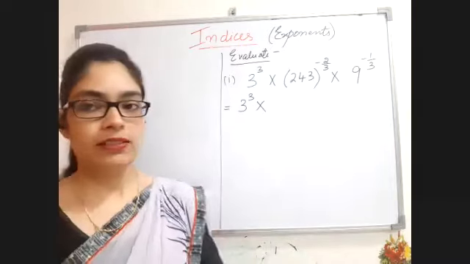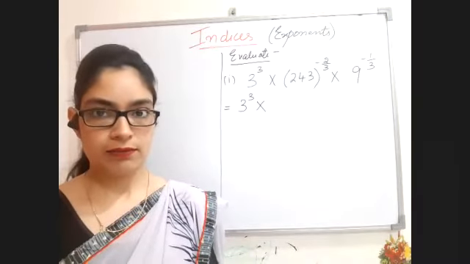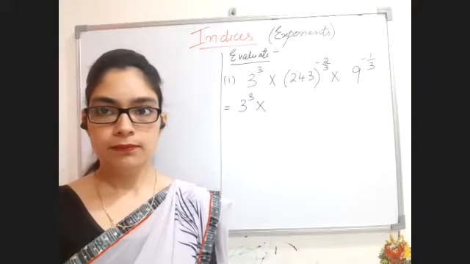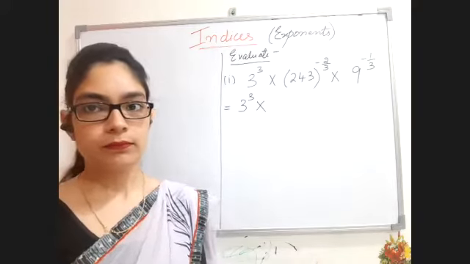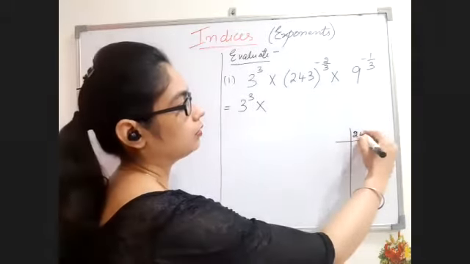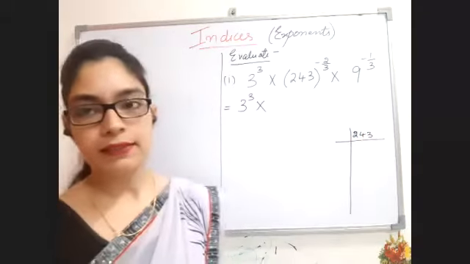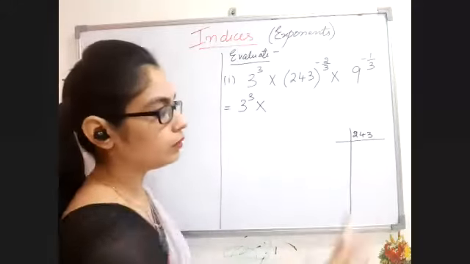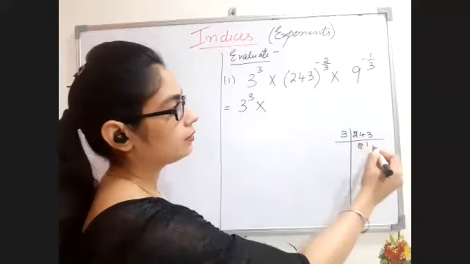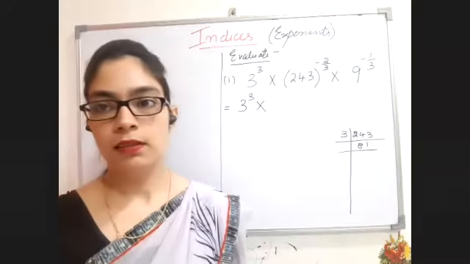So what is the exponential form of 243? Can anyone tell me? You can make factors and check. So 243 will not go in the table of 2, it will go in the table of 3. 3 eights are 24, so 81.